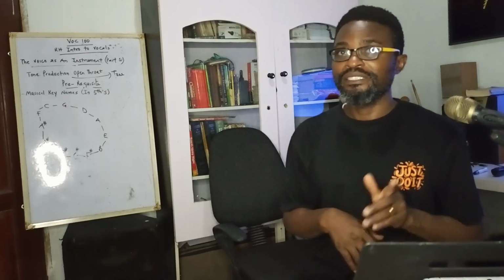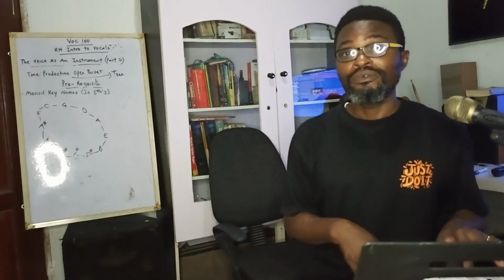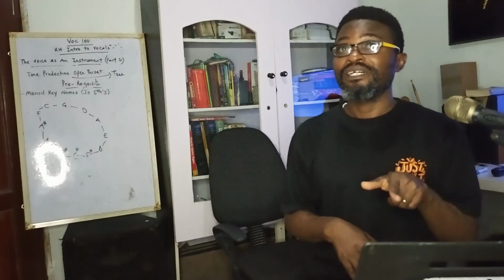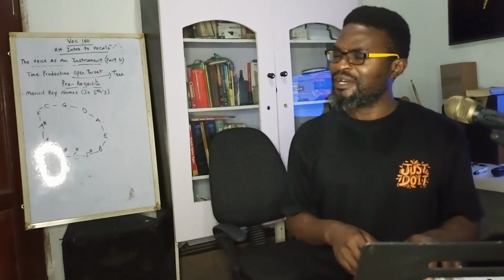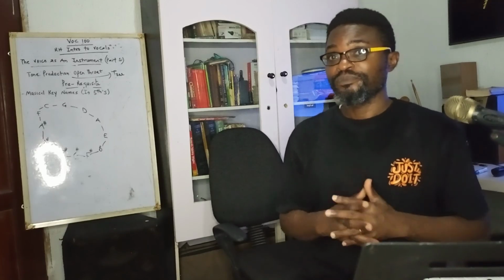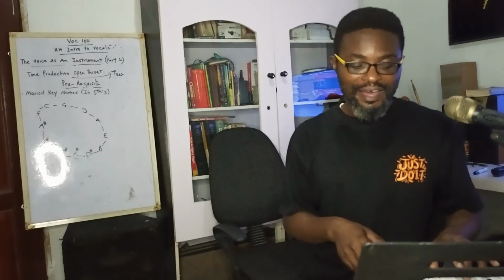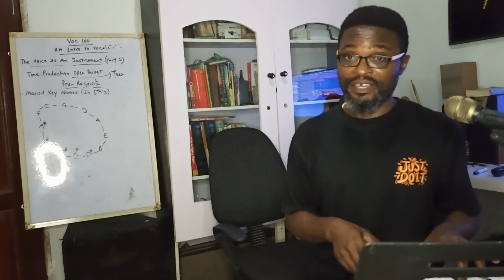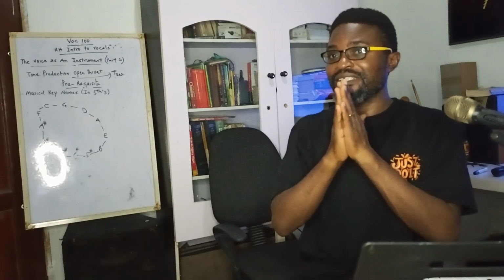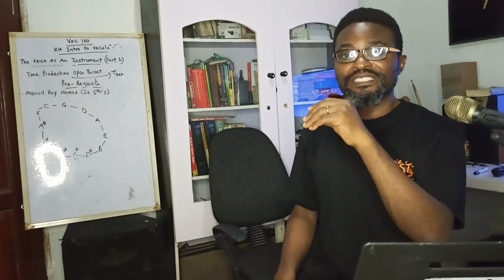We want to represent another sound: G. We want to represent another, so we pick a D. We want to represent another, we pick an A. So you have to take note that keys in themselves are just representations of sounds.